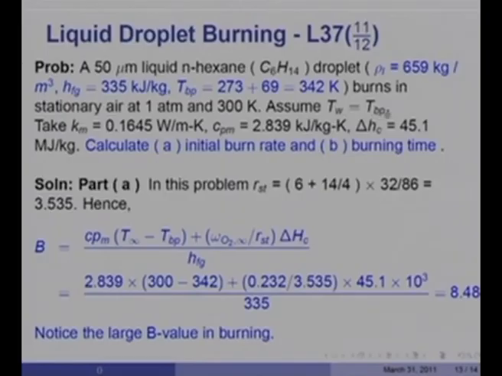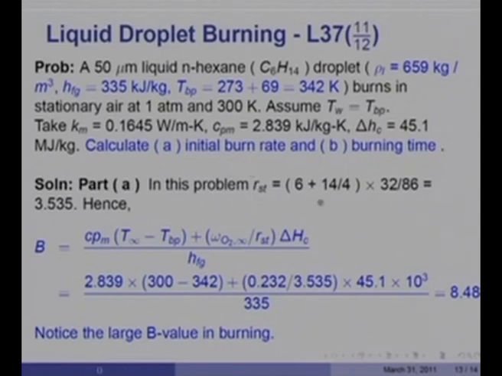So, Tw is equal to Tbp, and the mean conductivity and Cpm of the considered phase are given. The heat of combustion of N-hexane is 45.1 megajoules per kilogram, and therefore we want to calculate the initial burning rate and the burning time.